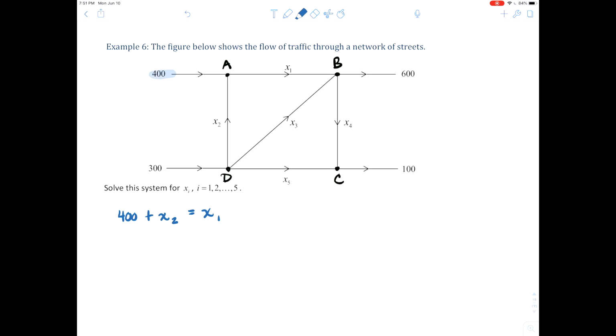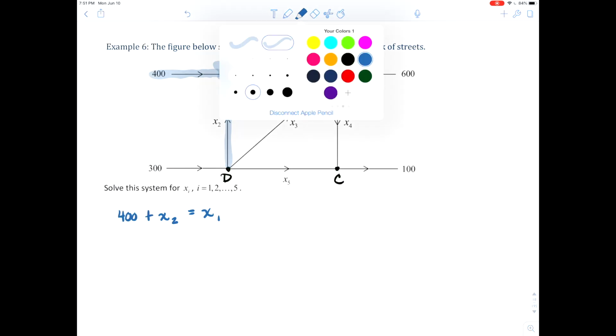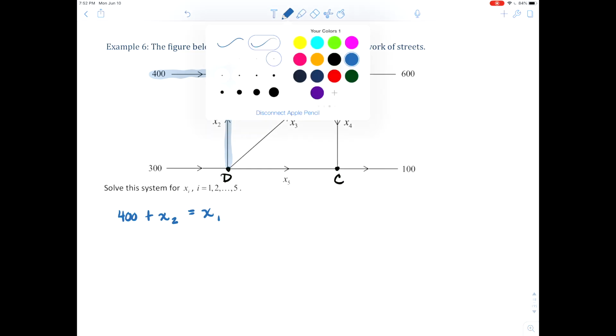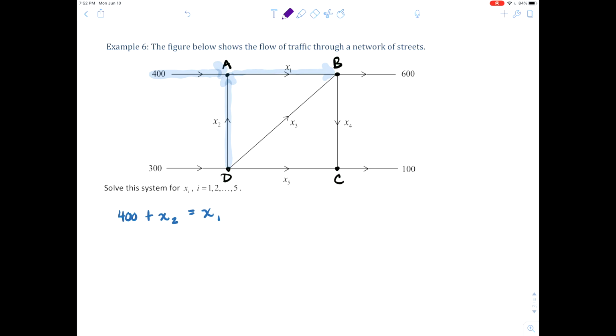So this is what I did for this one. We had 400 going in. X2 is going in. But going out, we have X1 for that. Cool? All right, so next up, let's do junction B. So flowing into junction B is X1, right?